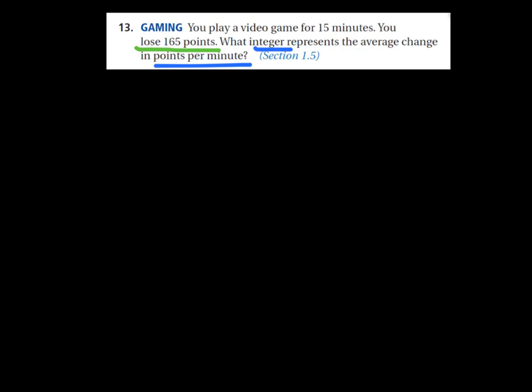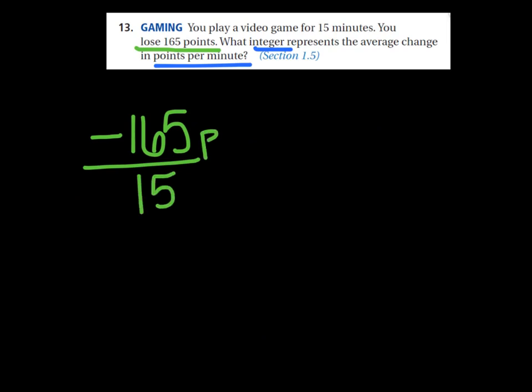And how do I say that you lose 165? If you said minus 165 or negative 165, you're correct. So it's the total points, and now it's 165 points lost in 15 minutes. So I'm going to do 165 points in 15 minutes. And when I divide this out here, I'll figure out how many points I lost in each minute.